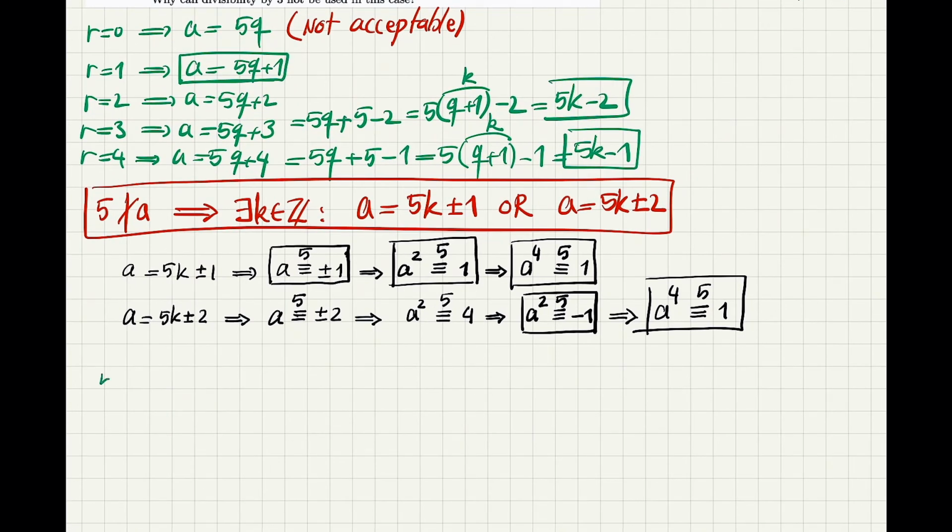So if 5 does not divide A, meaning A is not divisible by 5, then A itself is congruent to plus or minus 1 or plus or minus 2 modulo 5, and A to the 2 is congruent to plus or minus 1 modulo 5, and finally A to the 4 is always congruent to 1 modulo 5.